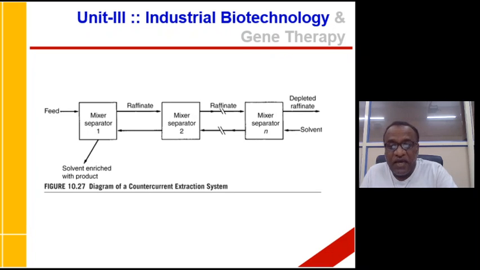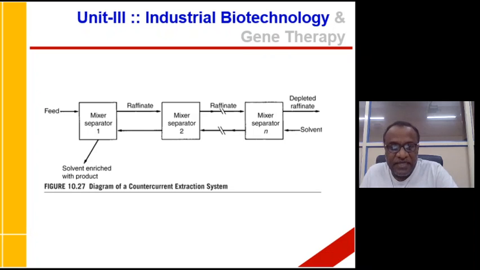Then we have another extraction system, that is the counter current extraction system. So this diagram 10.27 gives you an idea about the working method of the counter current extraction system. There are a number of mixers or separators.